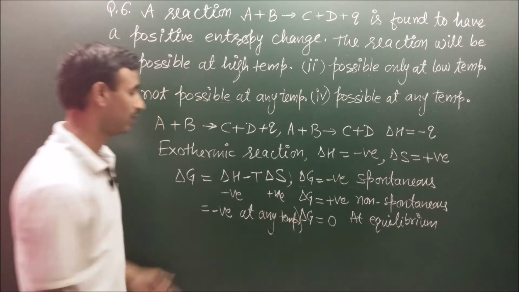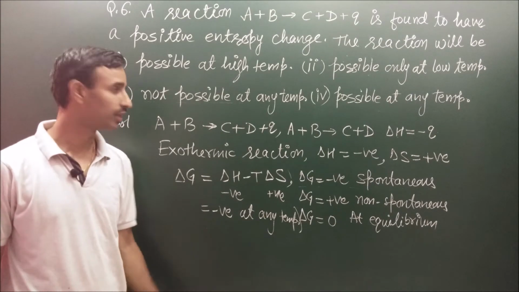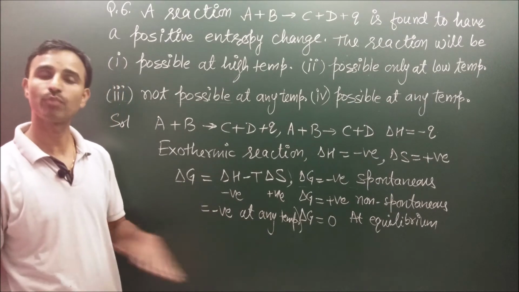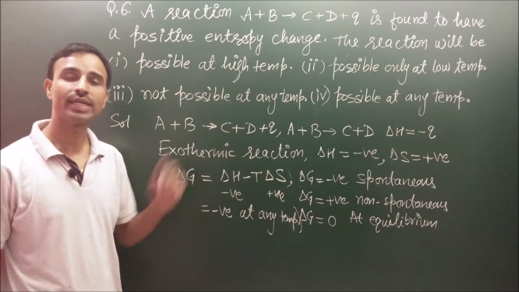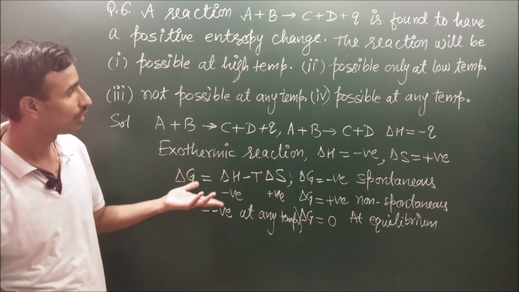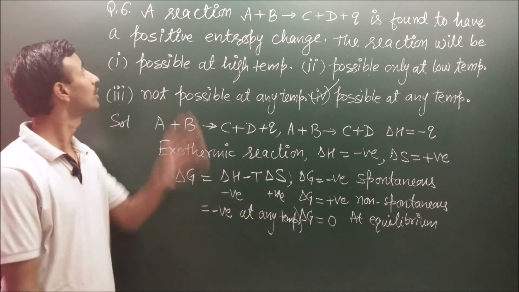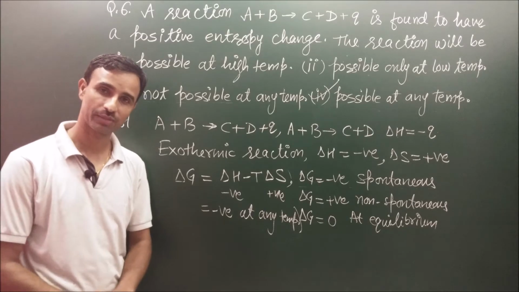It has negative delta G at any temperature. That means this reaction is possible at any temperature. So that's all. That means the fourth option is correct for question number 6.